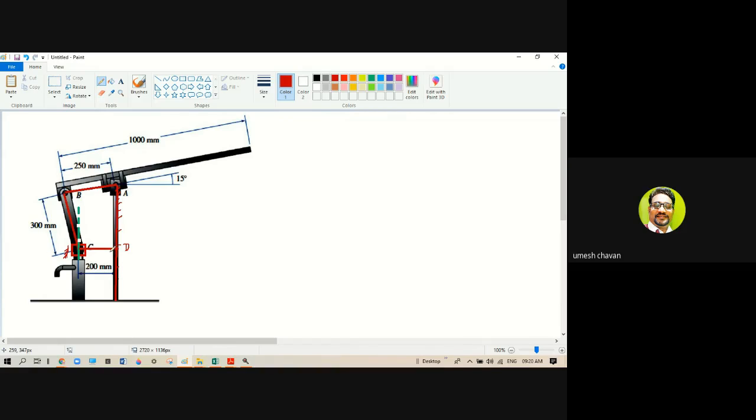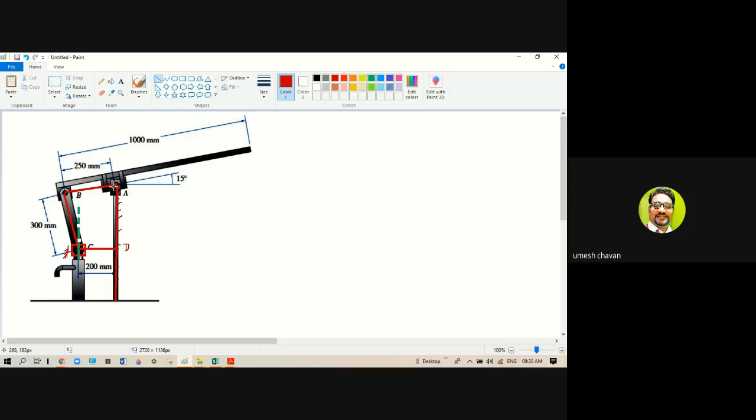What is going to change? This dimension, the vertical dimension, is going to change, because as the piston slides inside the cylinder, this distance is going to change. So in another way, I can draw this diagram for the understanding purpose.